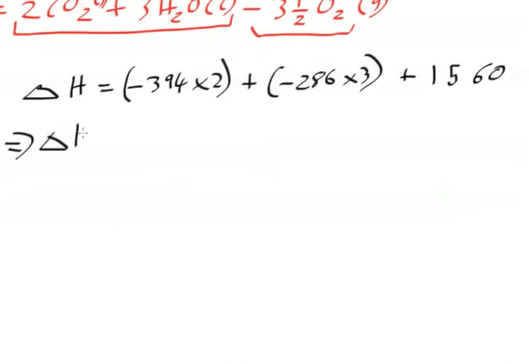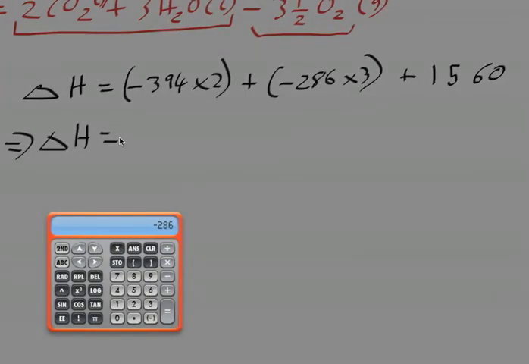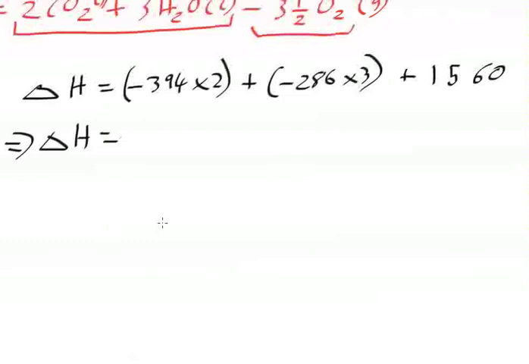So this is the same as delta H being equal to, let's bring up the calculator, minus 394 times 2 is minus 788. So let's put that in. So that's minus 788. So that's just that one there.